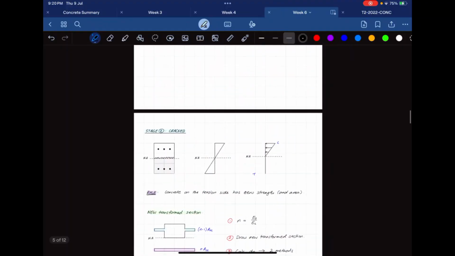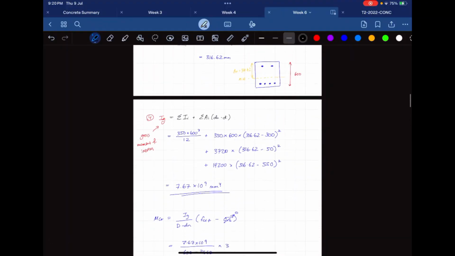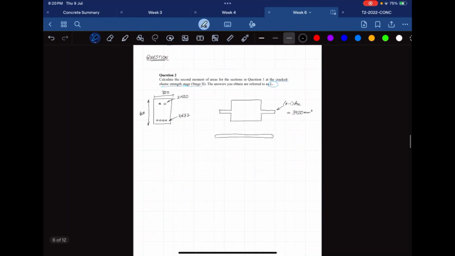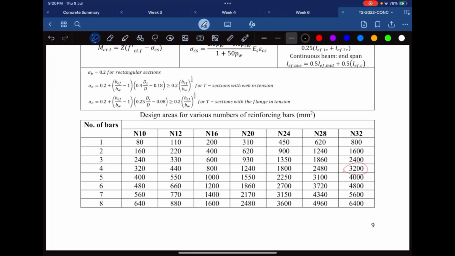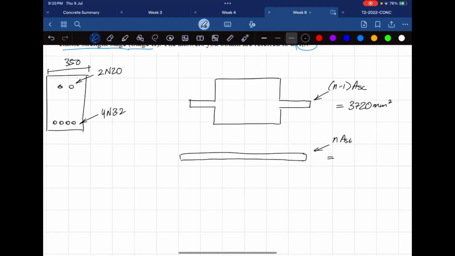Let me double check. 3720, close enough. Then this thing over here is NAST, which I'm actually going to have to recalculate to be 7 times 3200, 22400 mm squared.